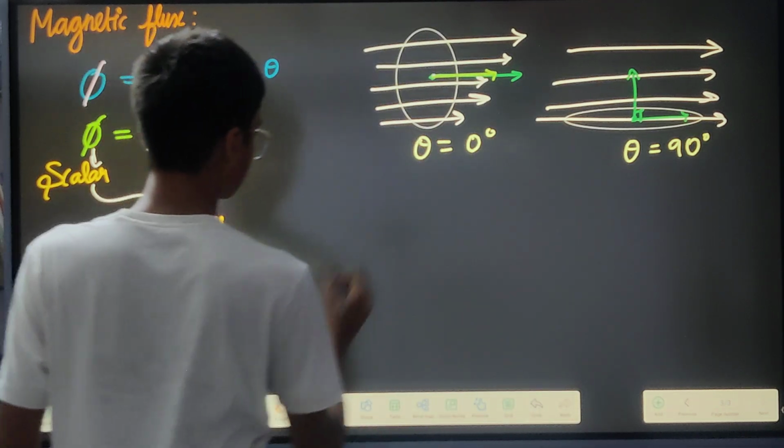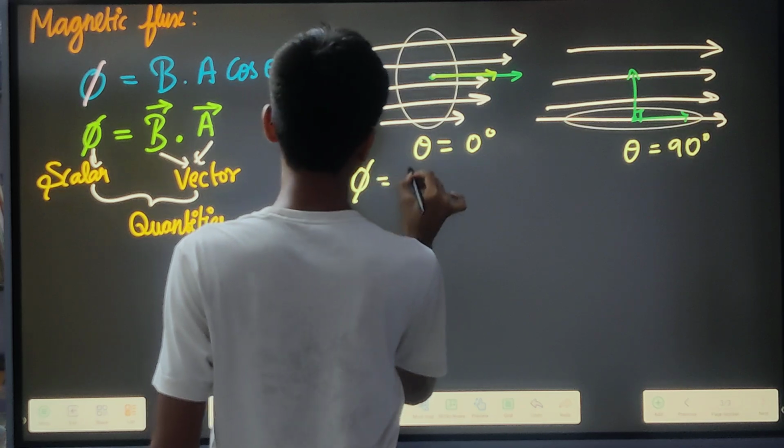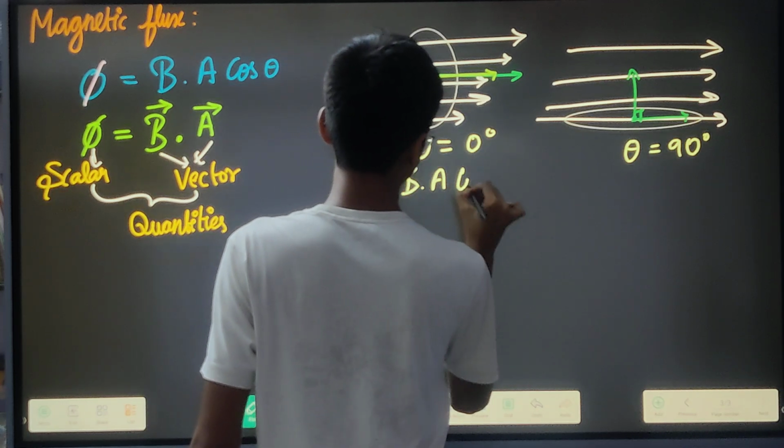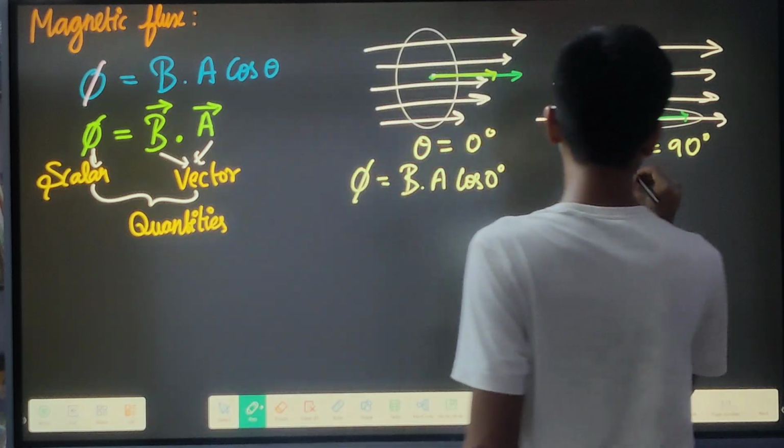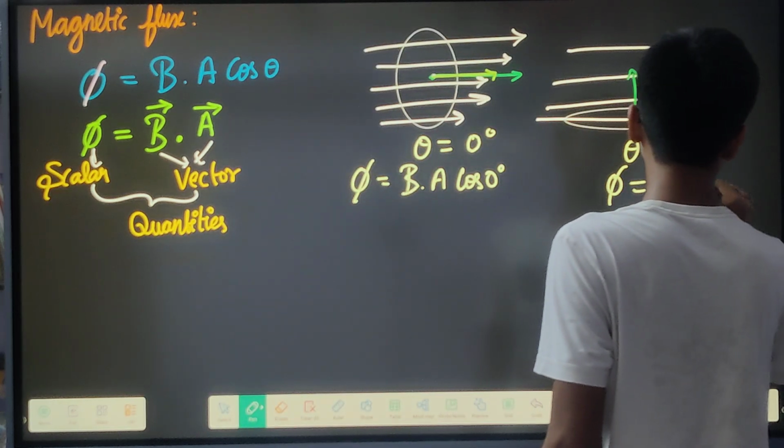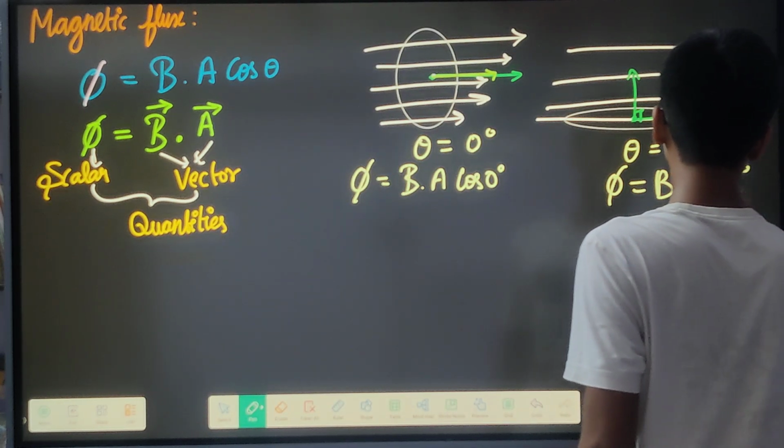Now we will substitute them in the formula, that is flux is equal to BA cos 0 degrees, and here flux is equal to BA cos 90 degrees.